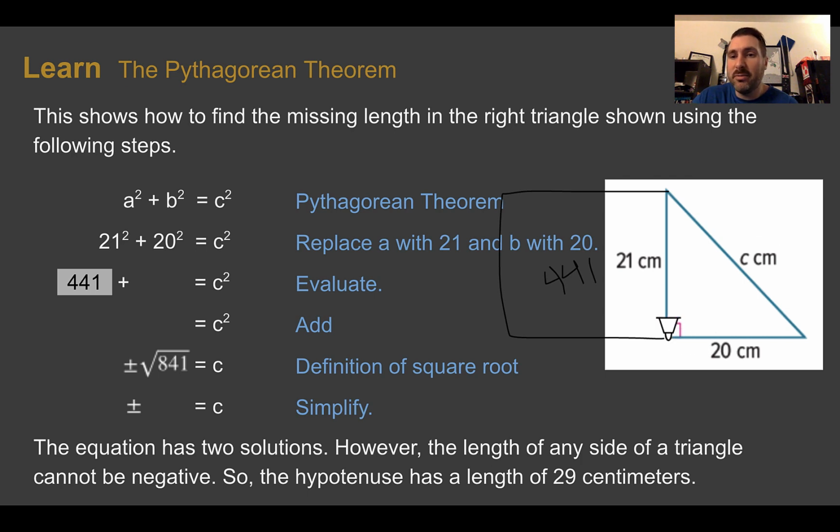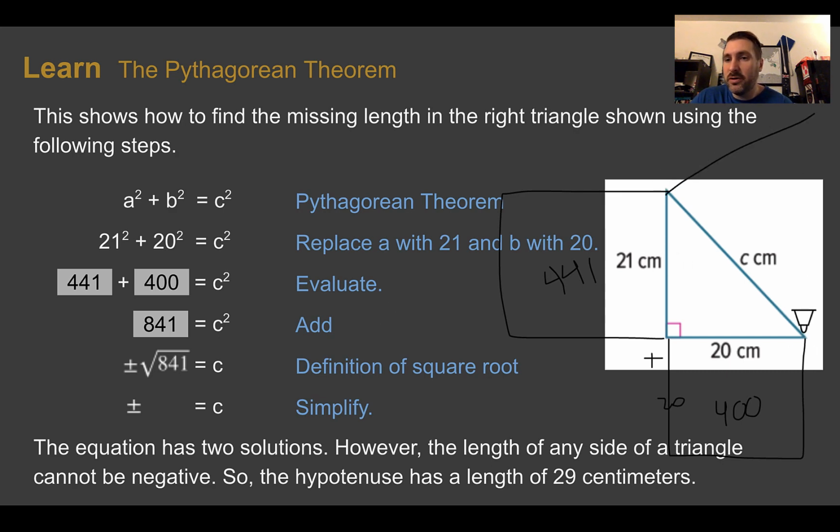If I do the same thing on my other leg, down here, the square, 20 times 20 is 400. So 20 to the second power, 400. Now I'm going to combine those two things together, and I get 841. That tells me that the square over here is 841.